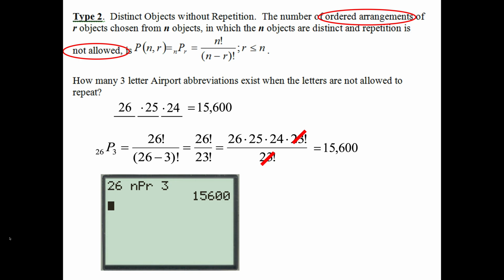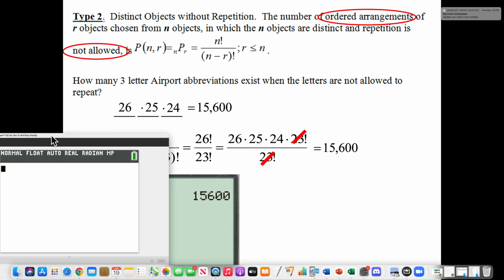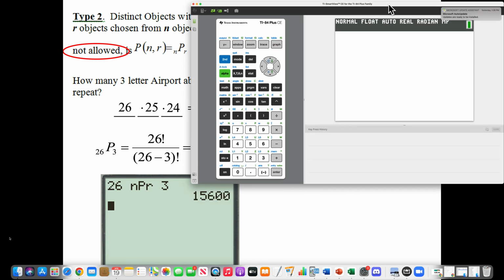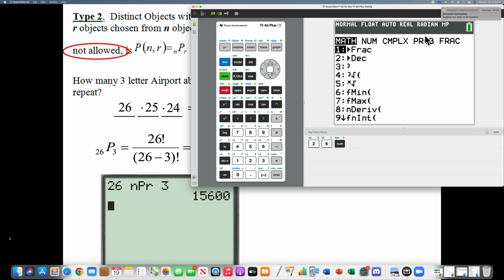All right, and we can enter this into the calculator. So I'm going to bring my other calculator up and running. Now, if you have the older calculator, you have to type in the 26 first. Then you're going to go to Math, go over to PROB, Probability.